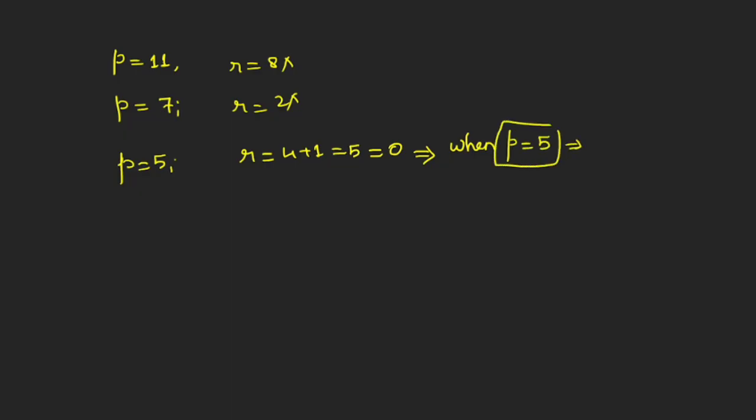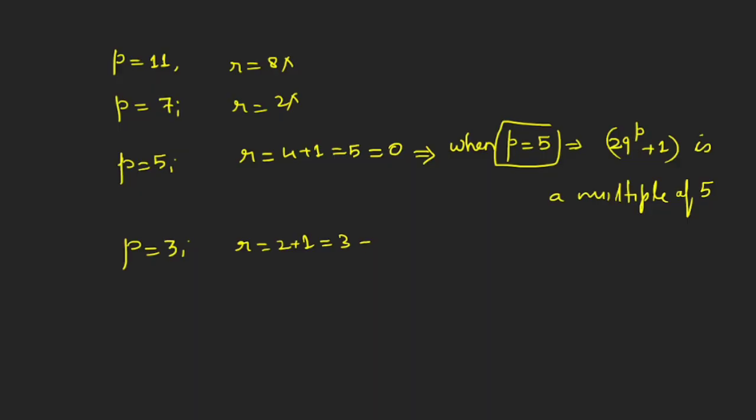This means when p is equal to 5, the remainder is 0, so 29 raised to the power p plus 1 is a multiple of 5. For p equal to 3, the remainder is 2 plus 1, which is 3, equal to 0. So that's also a possibility. The smallest prime number is 2, and 29 is odd, so 29 plus 1 is even, and the remainder is 0.